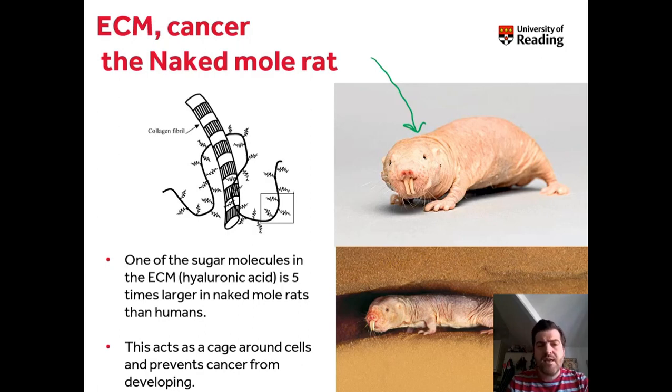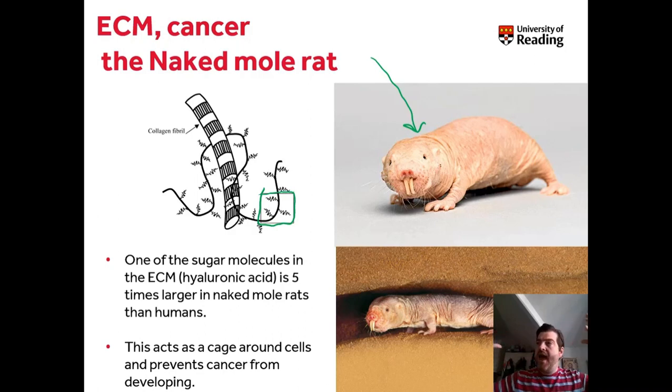And one of the key features is that their proteoglycans have very large sugar molecules. The hyaluronic acid in naked mole rats is about 5 times larger than it is in humans.